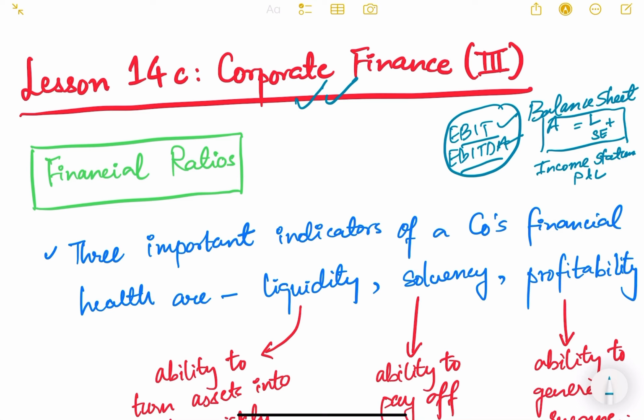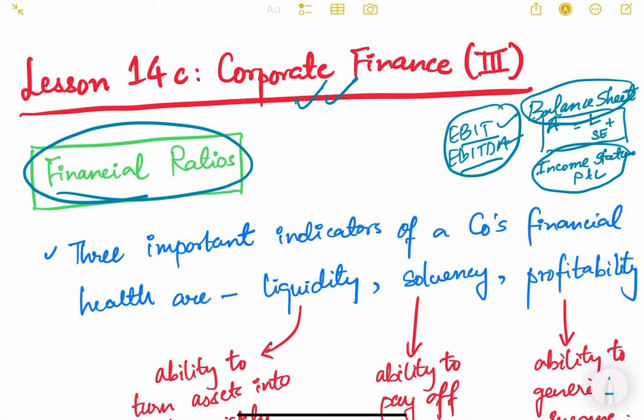Now in this particular video, we are going to study some financial ratios. From these statements, that is the balance sheet and income statement, we get some raw information about the company: the asset position, the current assets, the current liabilities, the long-term assets, the long-term liabilities. In the income statement also we get different things.